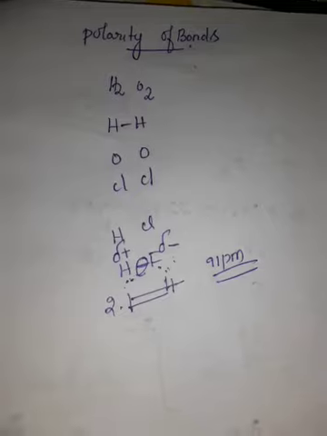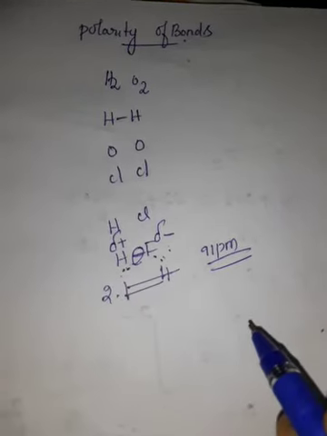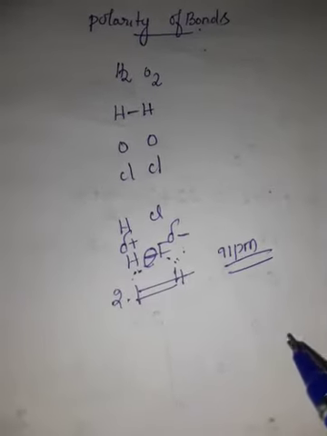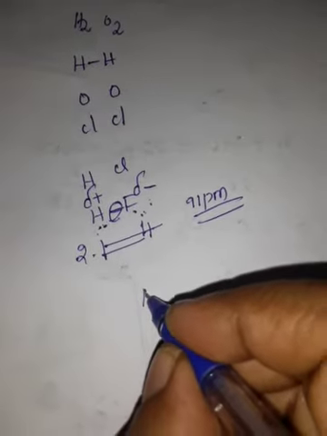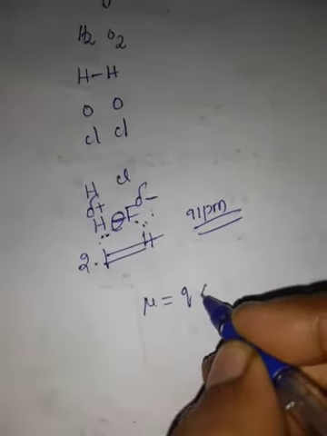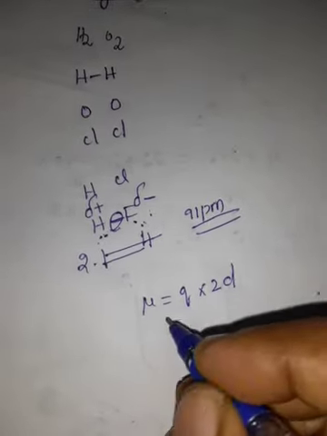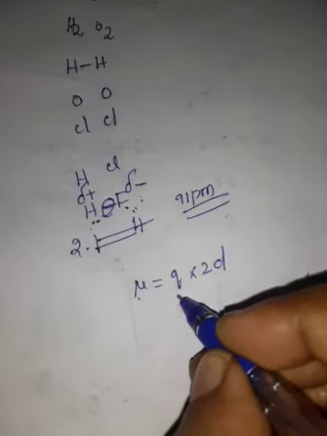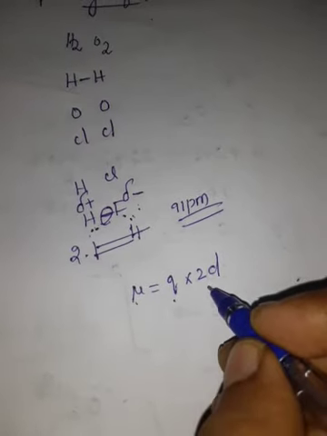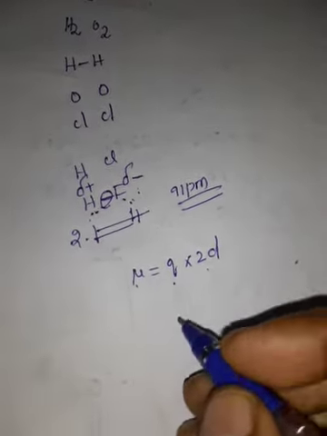The polarity of a covalent bond can be measured in terms of dipole moment, which is defined as mu is equal to q into 2d. Mu is the dipole moment, q is the charge on the two atoms, and 2d is the distance between the two charges.